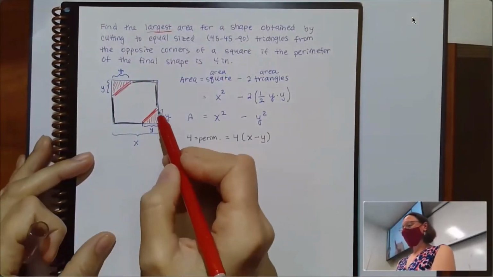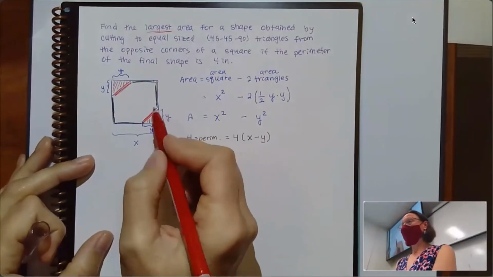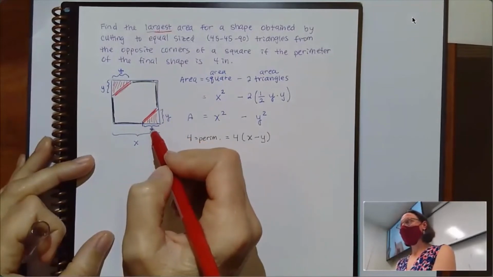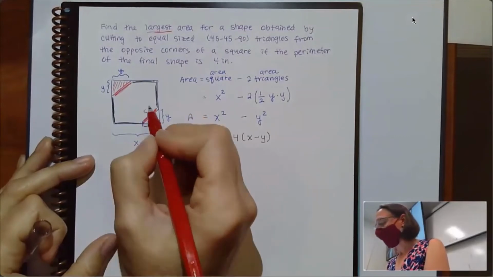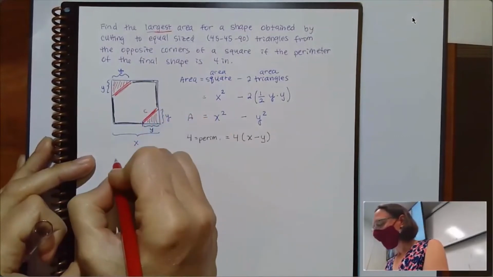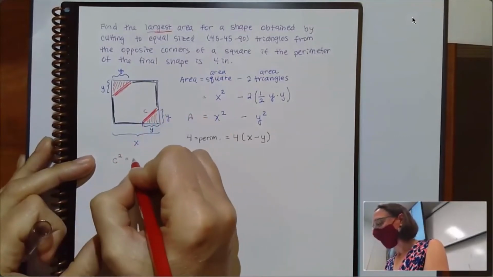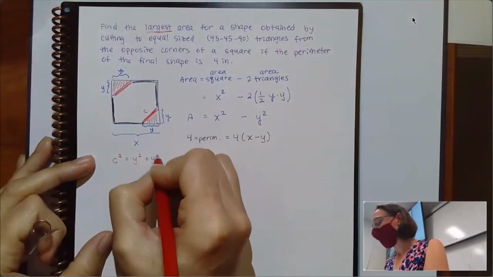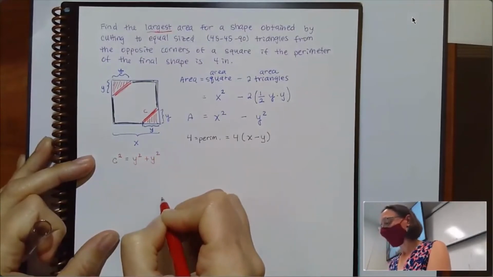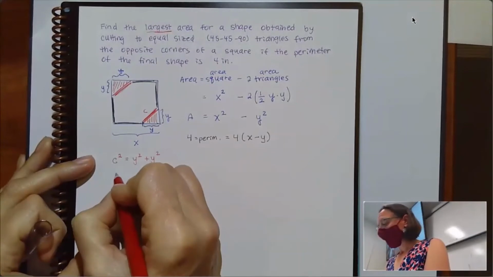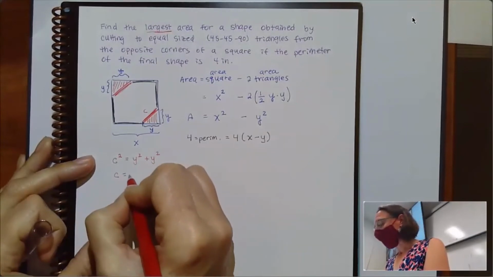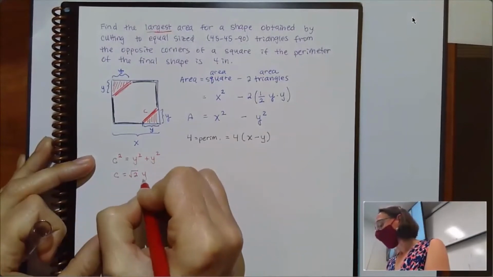And I know that for those diagonal bits, I'm looking at Pythagorean theorem. So if I called that c for a second, I know that c squared would be equal to y squared plus y squared, or c would be equal to the square root of 2 times y.